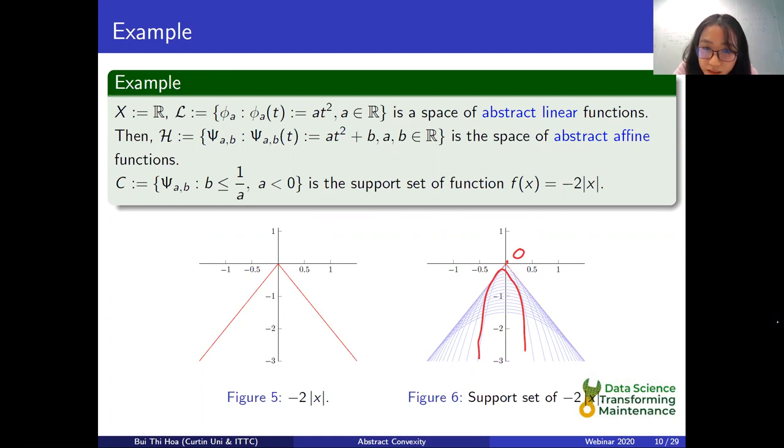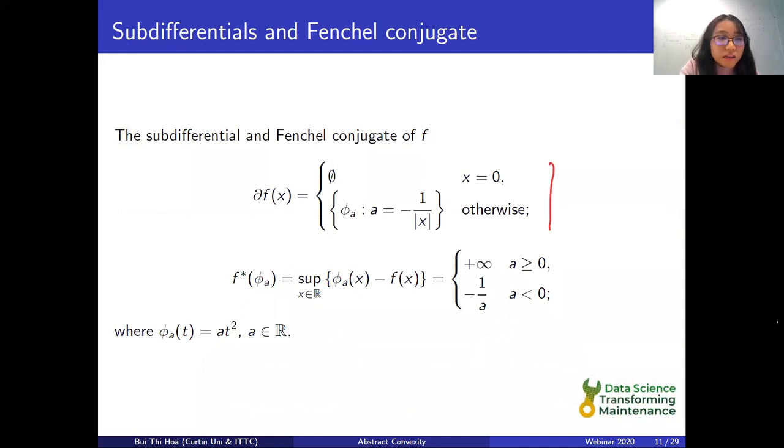But if you pick another x, for example this one, we will have a curve that supports this function, and then we scale that up. Sorry, this is the subdifferential at that point, and it is only one quadratic function that supports the function at this point.